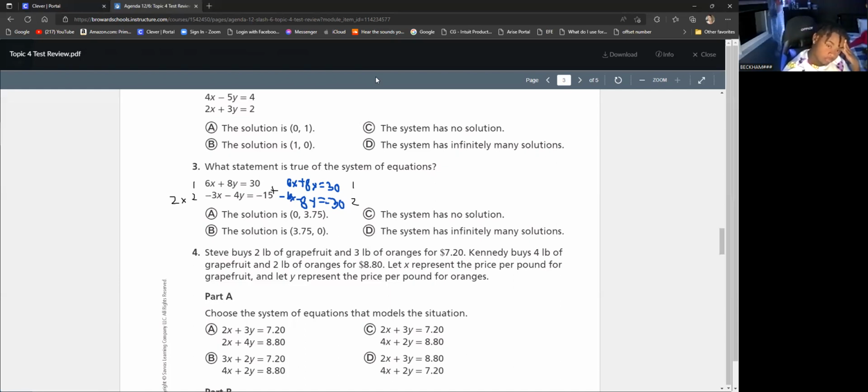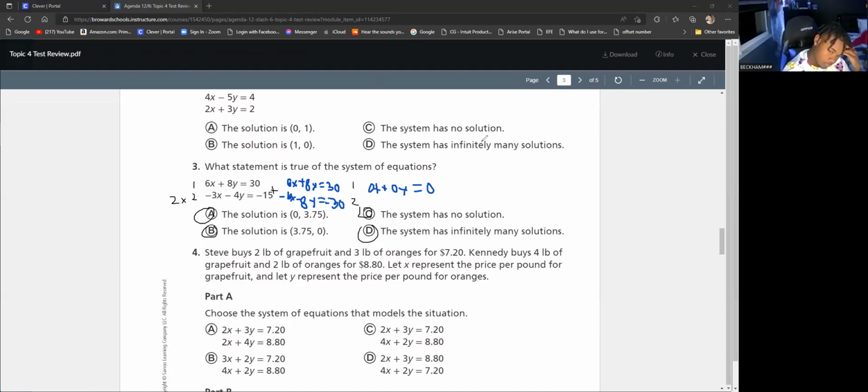What I'm trying to get you to see is the new equation once you add. Eight y plus negative 8y. And 30 plus negative 30. Okay. So which one is it, A, B, C, D?